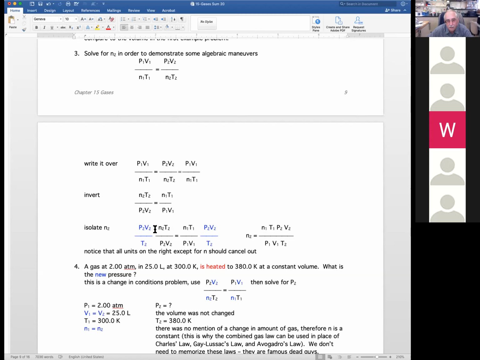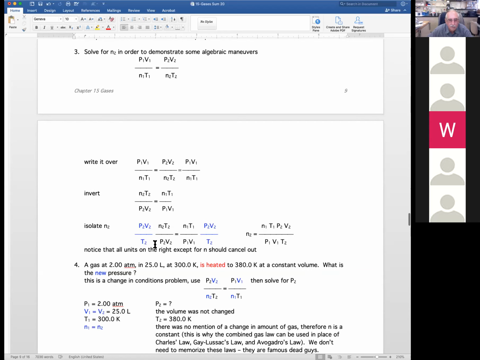So to isolate n2, I have to get rid of T2, I have to get rid of P2, I have to get rid of V2. And then whatever I do over on this side, I have to do the same thing over on this side. So when I multiply this out, this is what I get. This is a couple of quick, easy maneuvers that makes you get to the answer quickly.